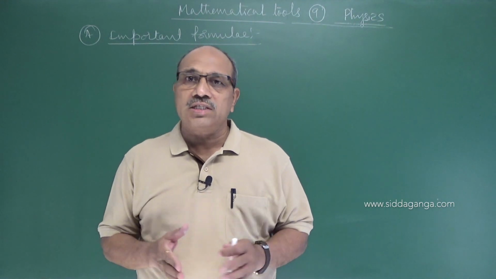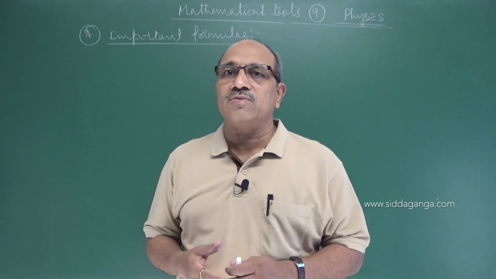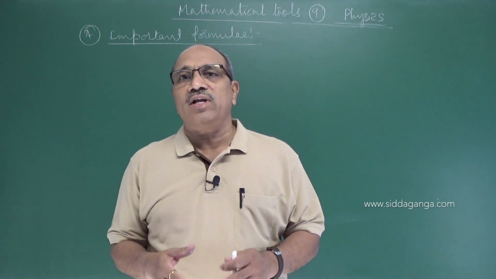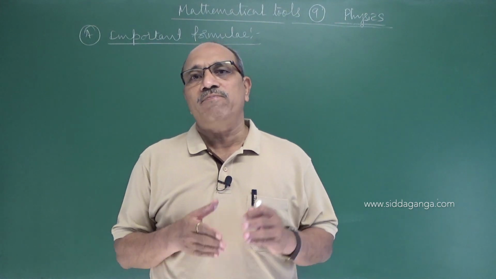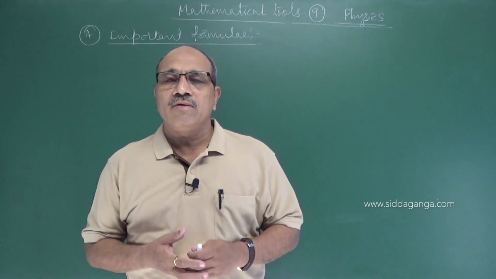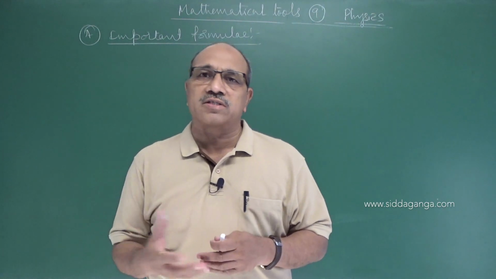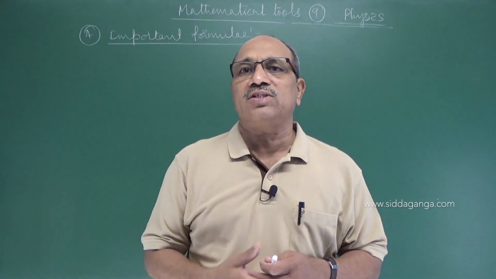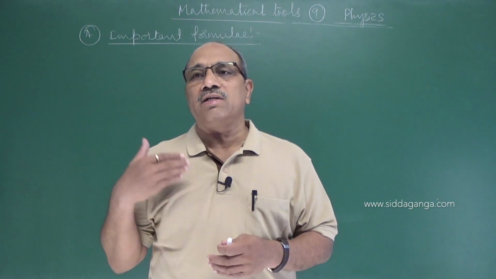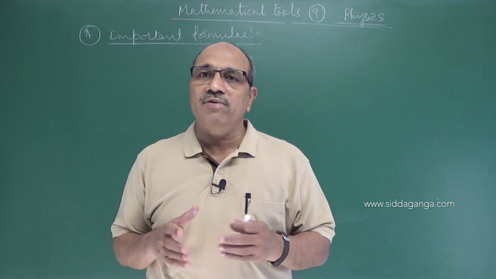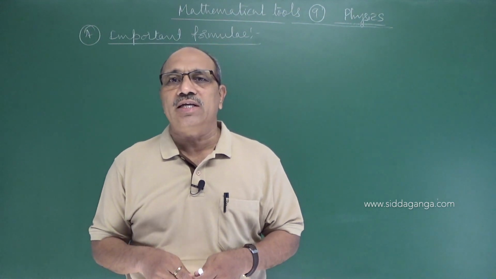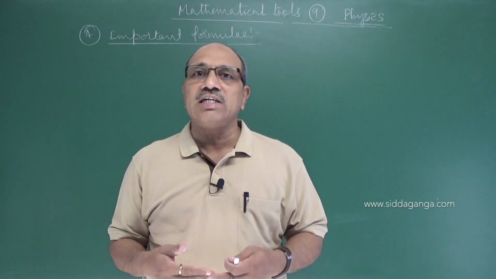I am not discussing them in detail; we are listing out the formulae which we require to understand the physics behind them. Many physical quantities or bodies in 2 dimensions or 3 dimensions, starting from circle, ellipse or even cone, or 3-dimensional bodies like sphere and cylinder.